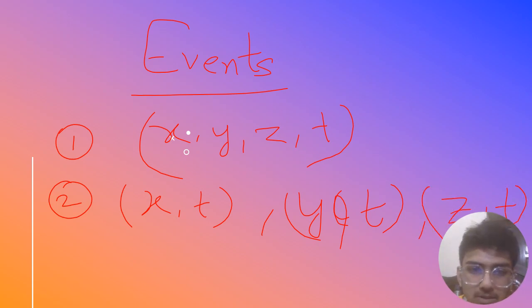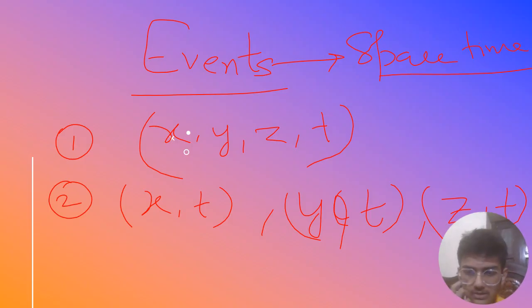So these are the possible coordinates of an event, or space-time also. In a 1D system we don't have space as such, because it is a concept of a single direction, but still we can call it a space-time coordinate system, 4D coordinate system, or event. Okay, so these are the coordinates of an event.